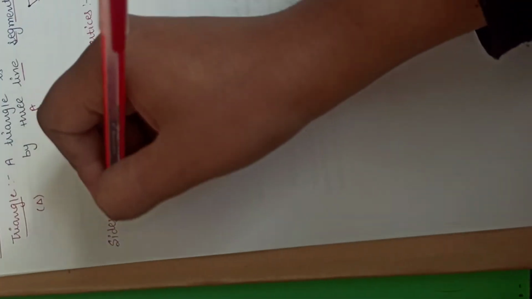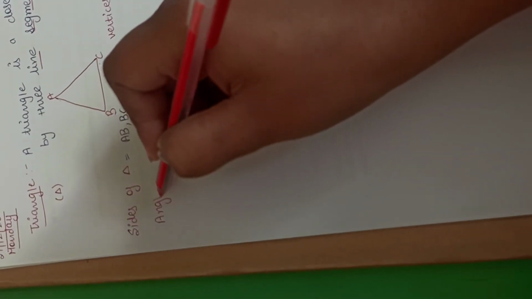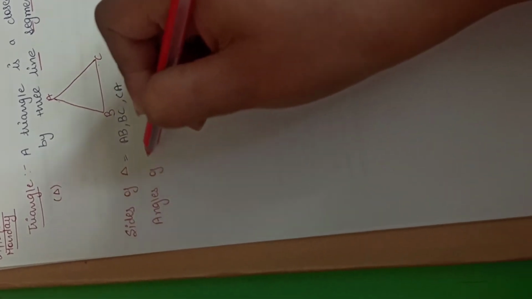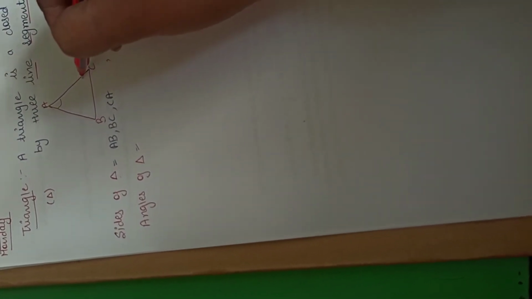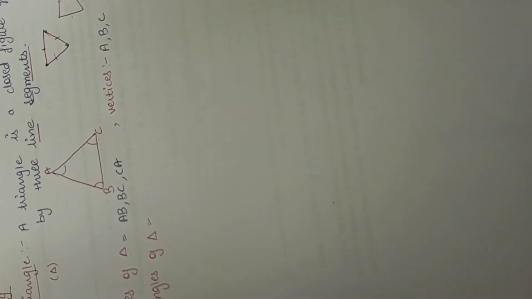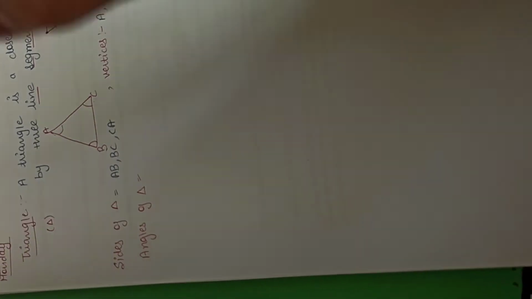Next part is angles of the triangle. So you know there are three angles, 1, 2, 3, right? But how will you write that?